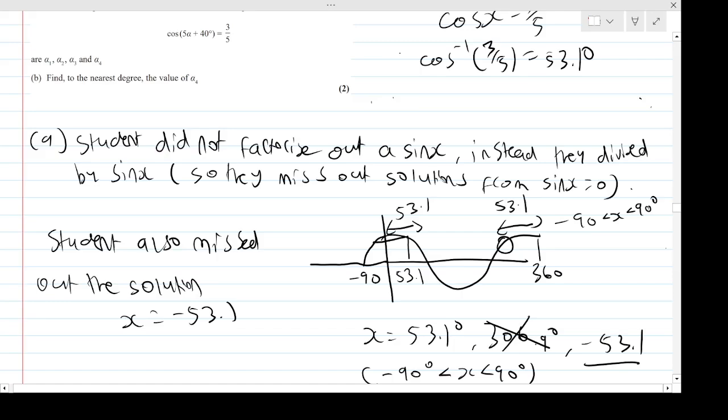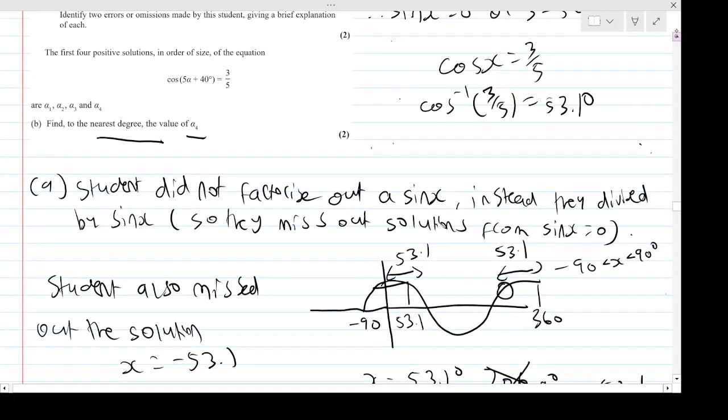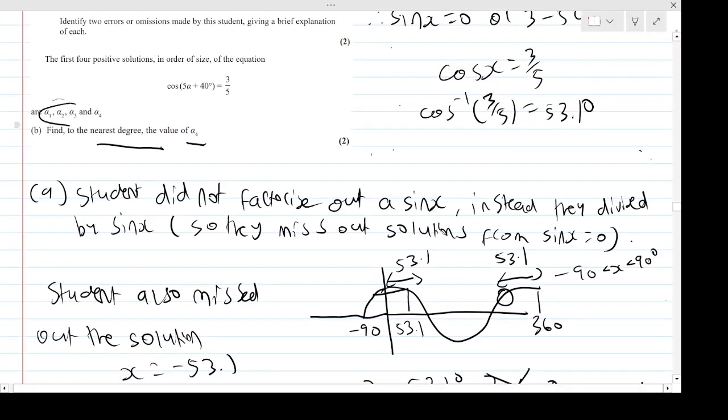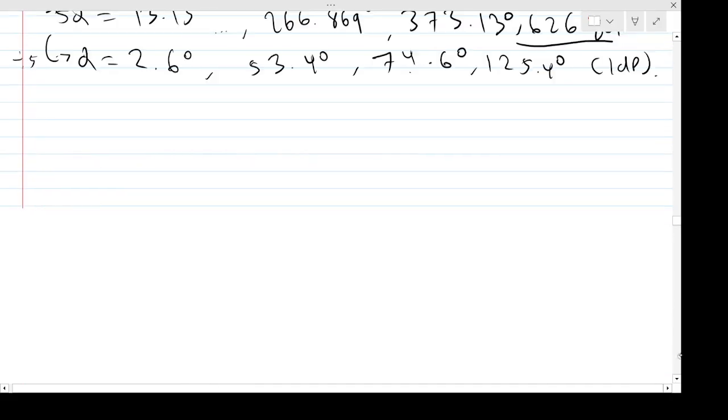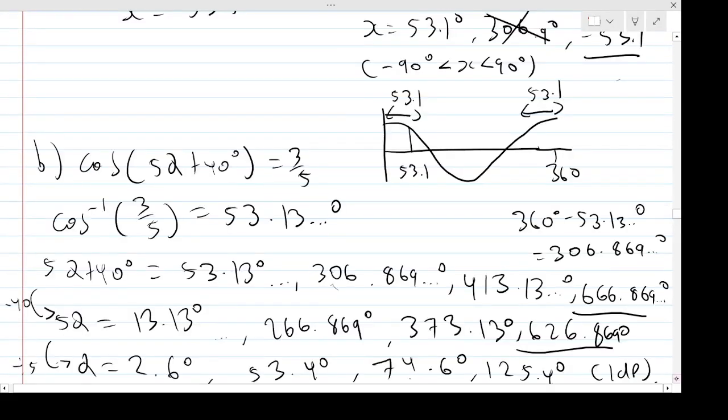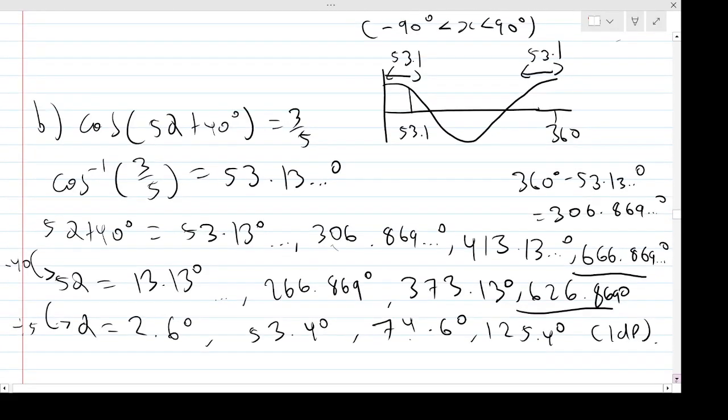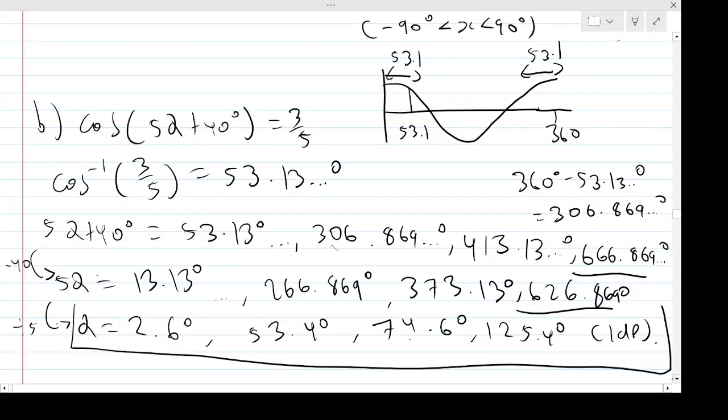Then it says to find, to the nearest degree, the value of alpha 4. So they told me the first 4 positive solutions are alpha 1, 2, 3 and 4. So alpha 4 is going to be the 4th one in the list. If I box this, by the way, to make it clear, these are my solutions.